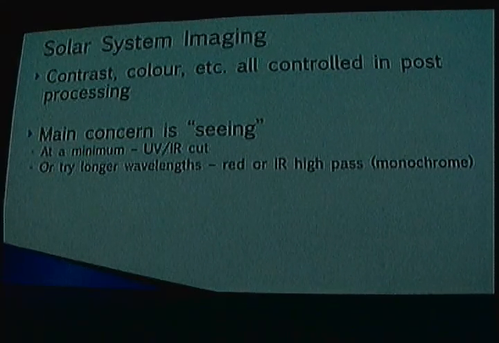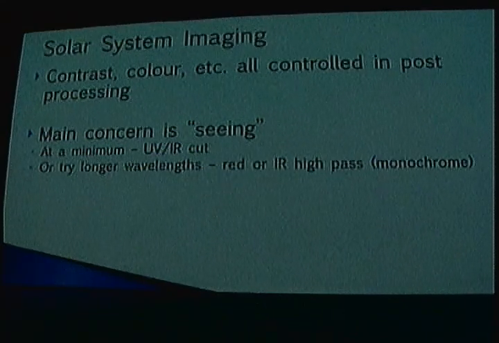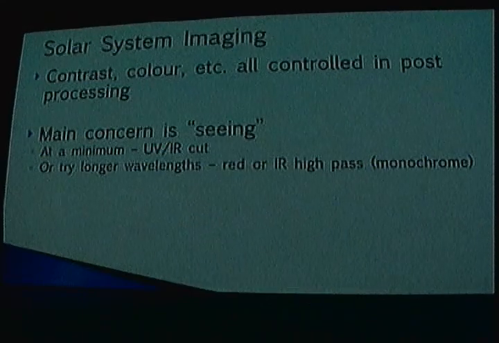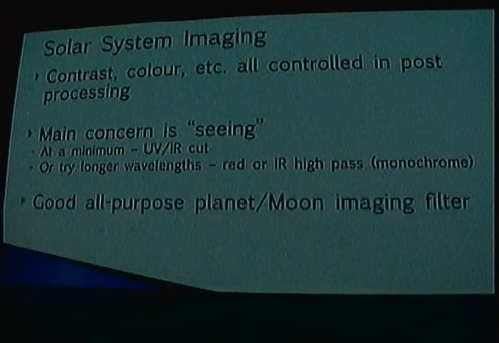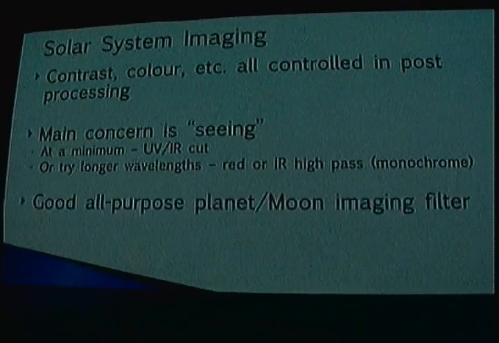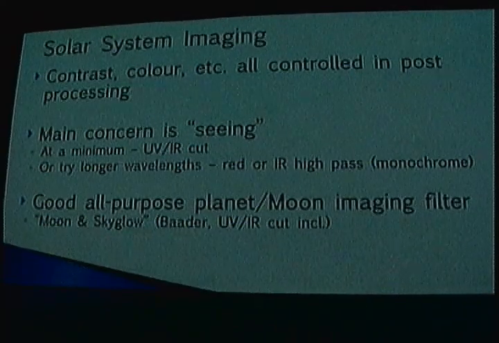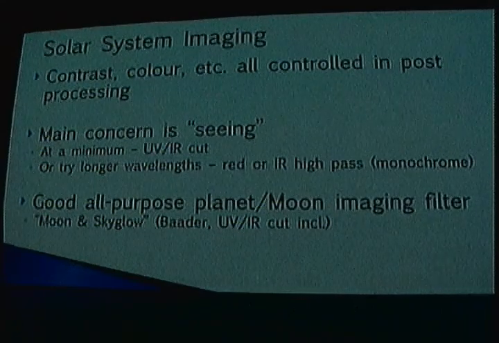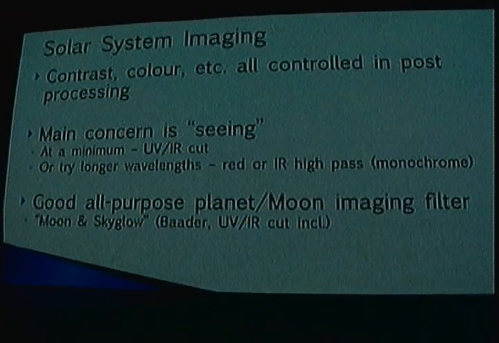Now, like I mentioned, for visual observing, there is a one-size-fits-all sort of filter as well for imaging. And it is, again, that moon and sky glow filter. It does a really good job of improving the contrast between different colors.